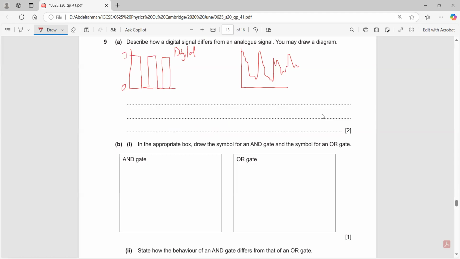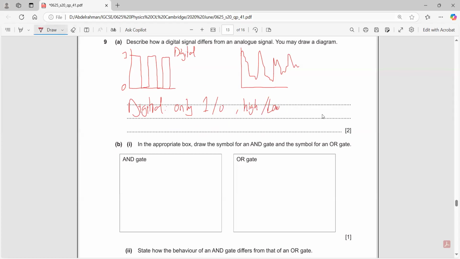So basically, a digital signal contains only signals of 1 and 0, high and low, on and off. That's all you have in digital signals. On and off, voltage or whatever.